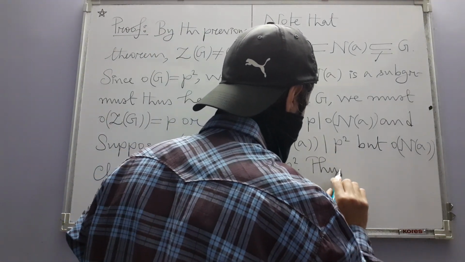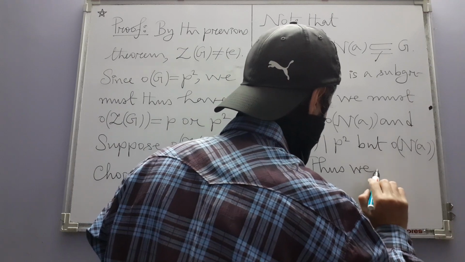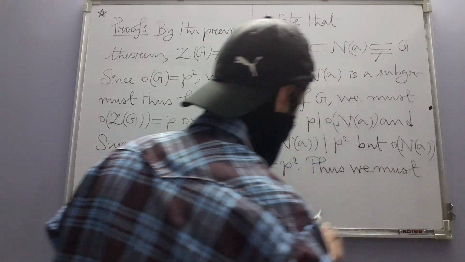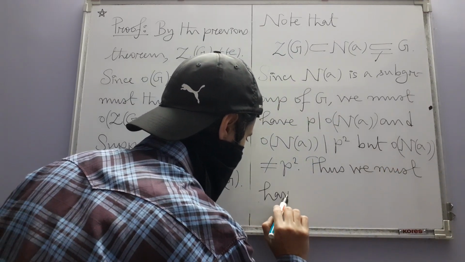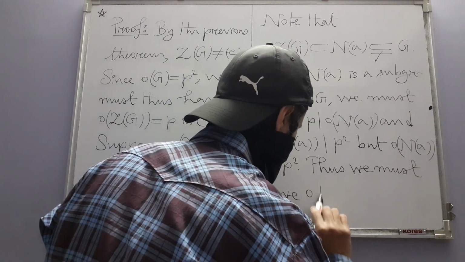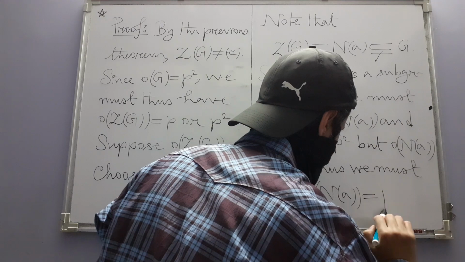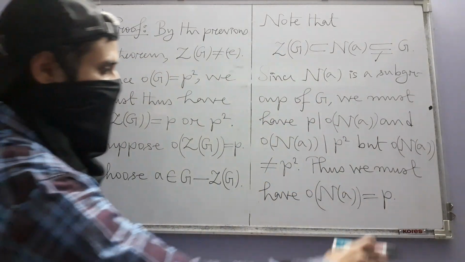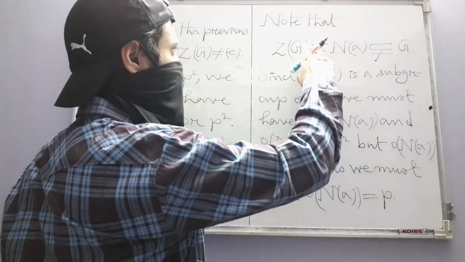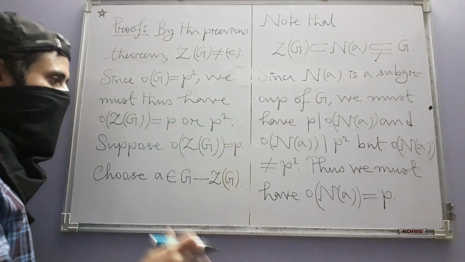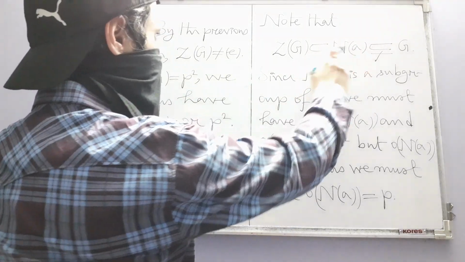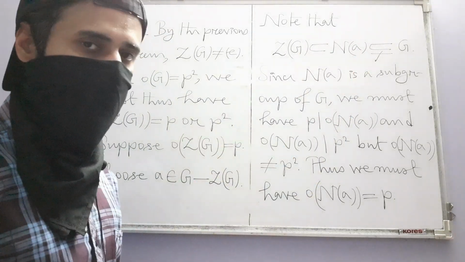Thus we must have the order of NA equal to P, but then you combine this fact with this containment to conclude that the normalizer actually has to be equal to the center.